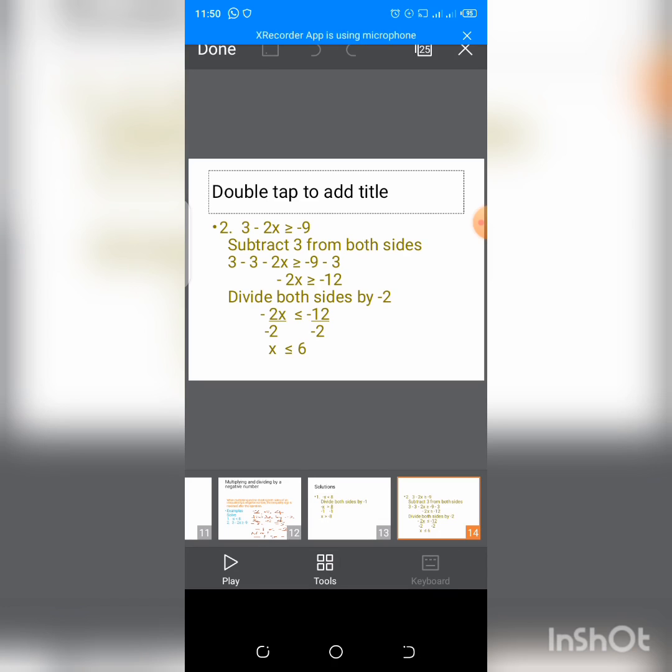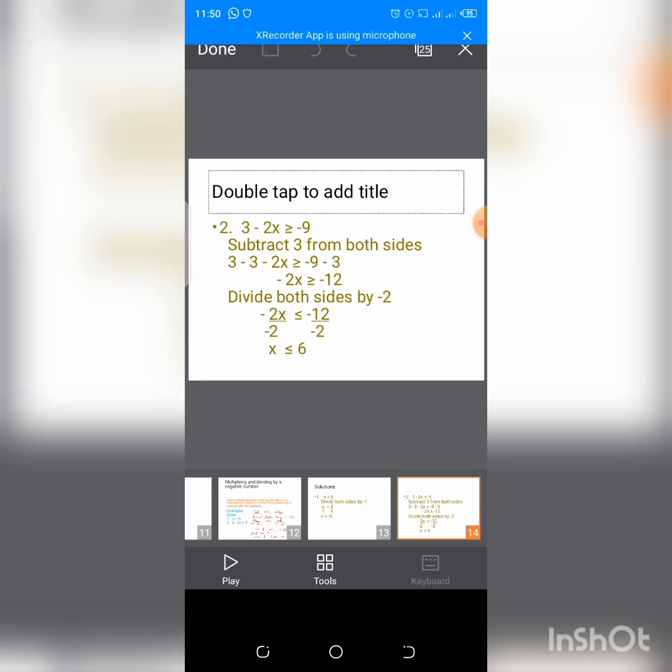Then we start by subtracting 3 from both sides, which gives minus 2x is greater than or equal to minus 12. Then here again, we divide both sides by minus 2, a negative number. And dividing by a negative number makes us reverse the inequality sign to less than or equal to as the solution.